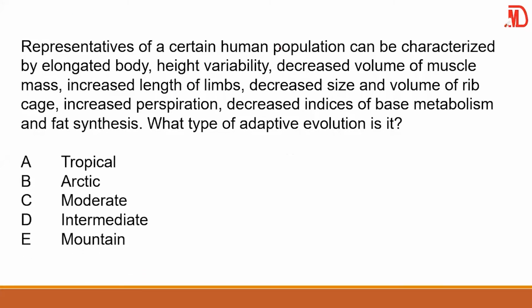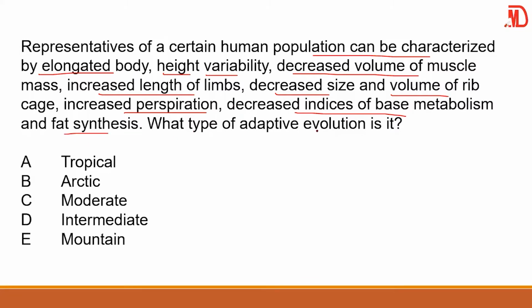Representatives of a certain human population can be characterized by elongated body, height variability, decreased volume of muscle mass, increased length of the limbs, decreased size and volume of the rib cage, increased perspiration, decreased indices of basal metabolic rate and fat synthesis.